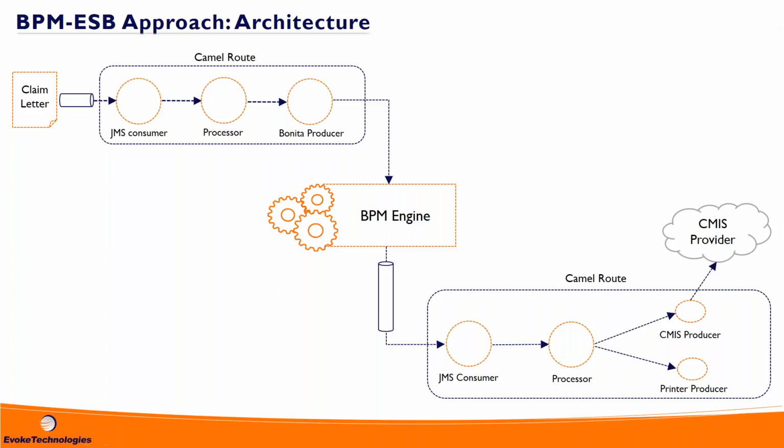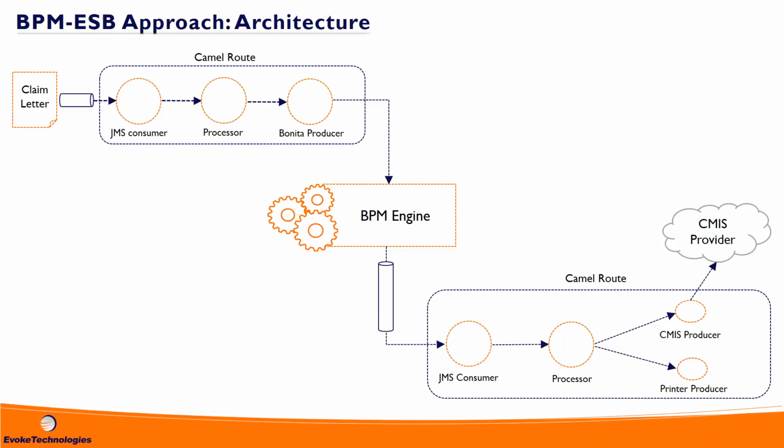And a typical JMS messaging system is set up, a simple messaging platform we've used. If you see, the first part of this entire flow is the top Camel route, where the claim letter is taken, the data is looked into, transformed to the necessary parameters, and sent to the Bonita producer. Now, the BPM engine looks for the right JMS messages from the route, picks them up, and completes the flow.